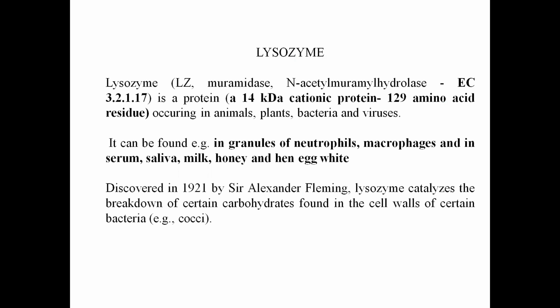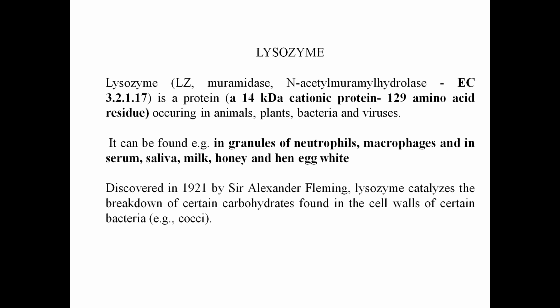So this enzyme makes use of a water molecule in cleaving the bonds present between the residues. It's a cationic protein of 14 kilodalton and is of 129 amino acid residues, occurring in animals, plants, bacteria, and viruses, found in neutrophils, macrophages, serum, saliva, milk, honey, and hen egg white.